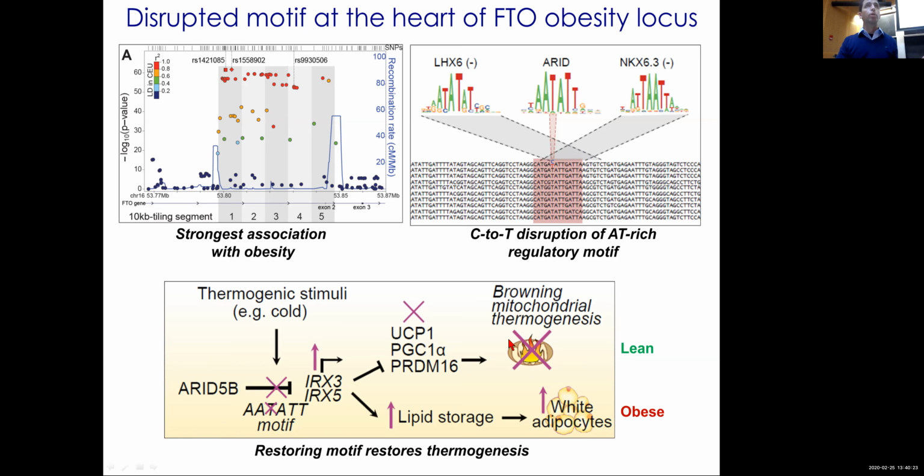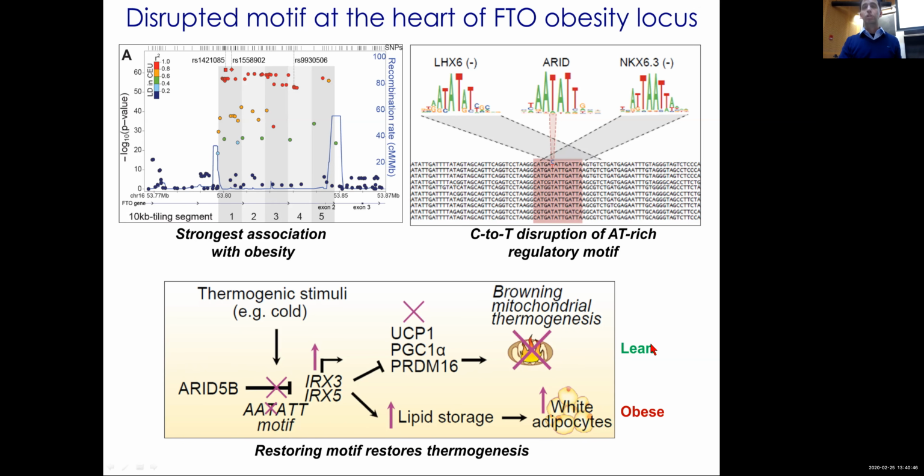Or they can be burned inside your fat cells and dissipate heat. That process, that switch, is controlled by these 2 regulators, which are controlled by this repressor, which binds a single nucleotide alteration, which can then lead to an increase or a decreased risk for obesity.